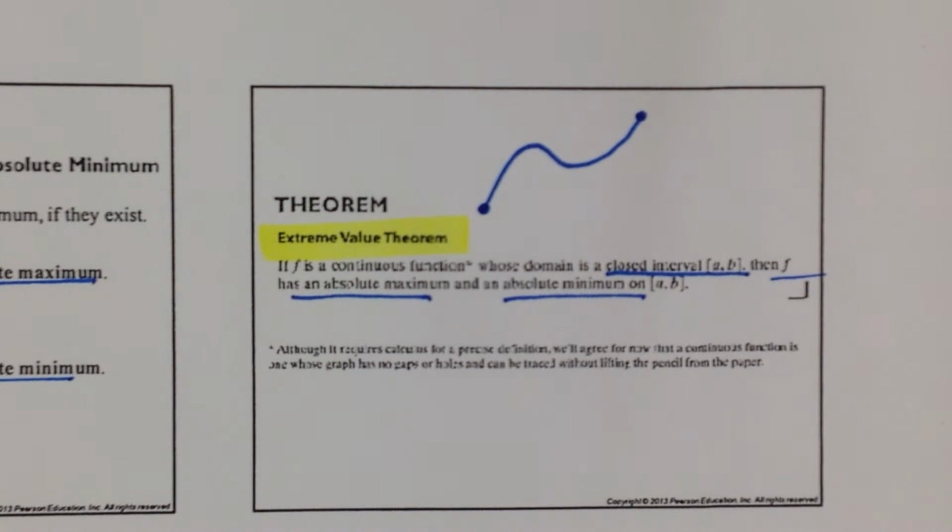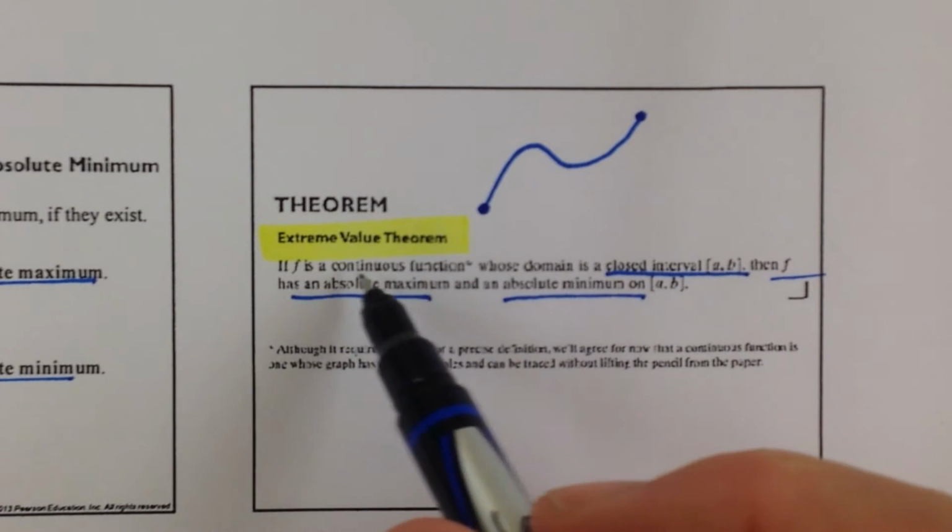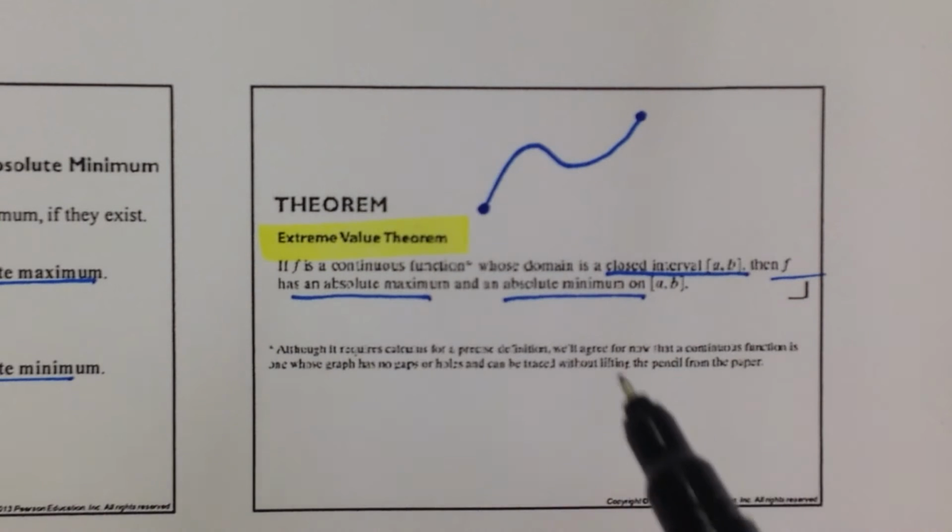So as long as it's continuous on a closed interval, you can guarantee you're going to have one absolute max and one absolute min.